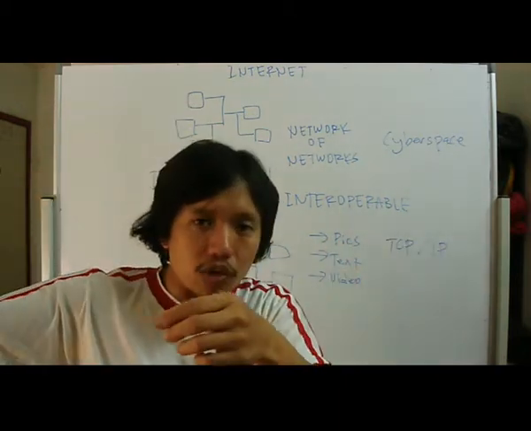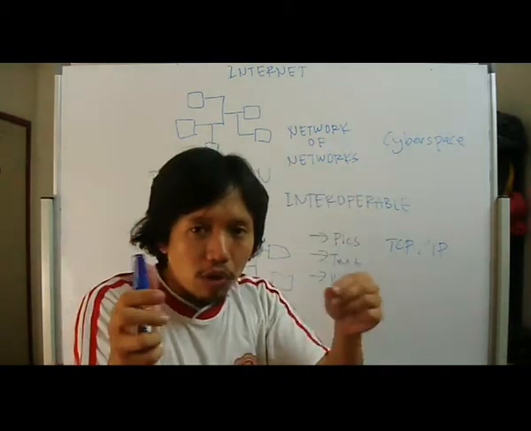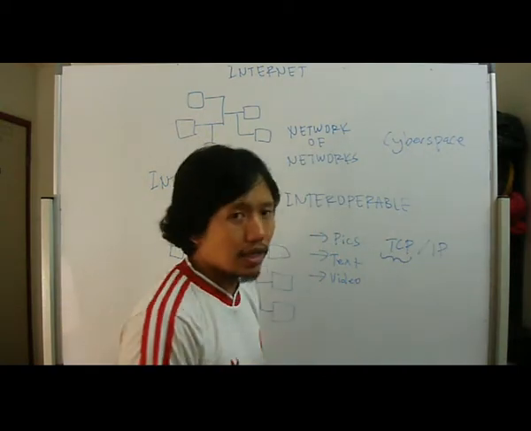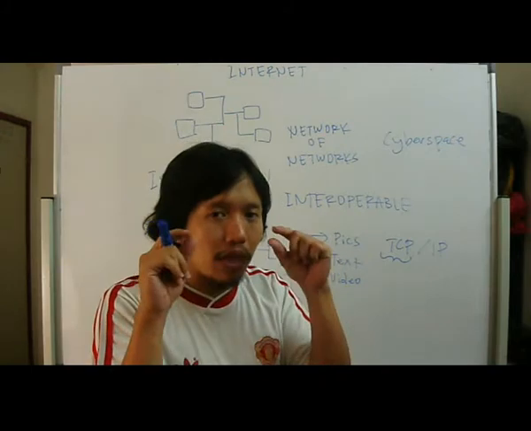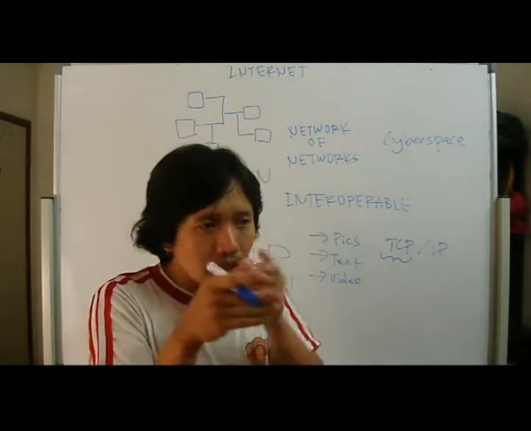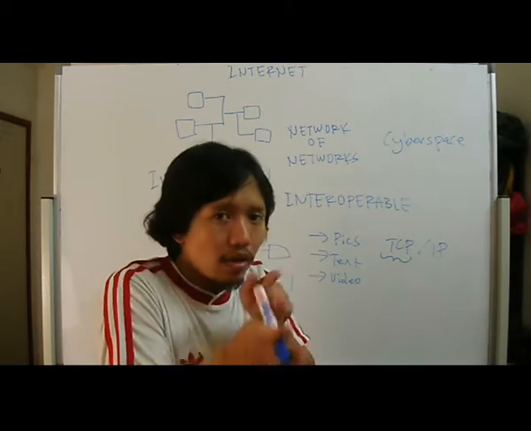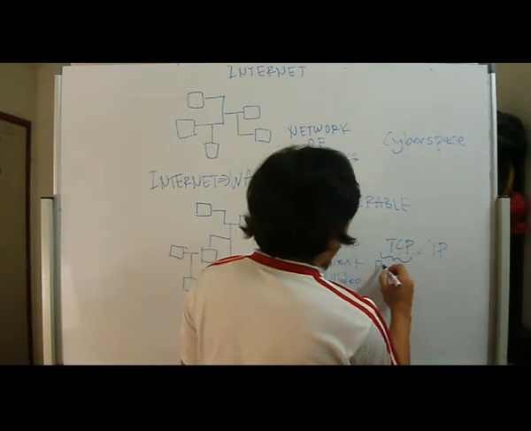In reality, the picture will be broken down into small pieces, and that is done by the TCP part. It's packetting, meaning it chops the picture into small pieces and puts them into what we call packets. So even if the communications channel is very thin, very narrow, the packets can still go through.